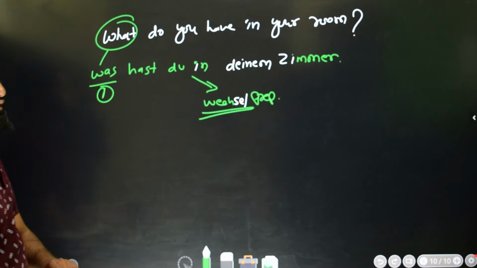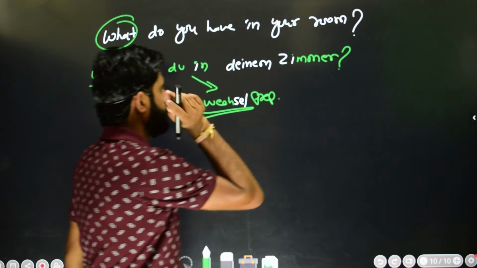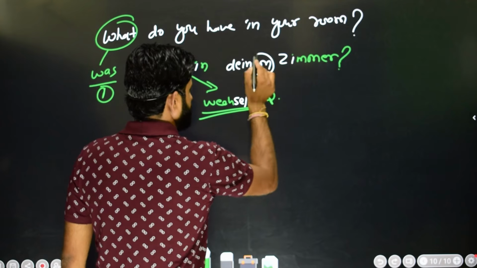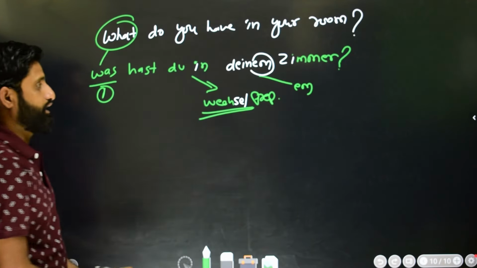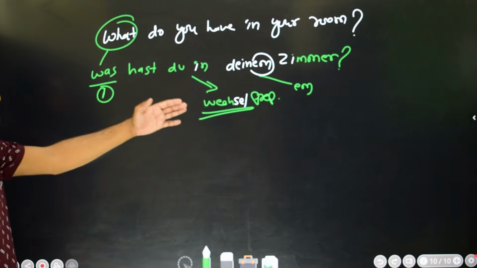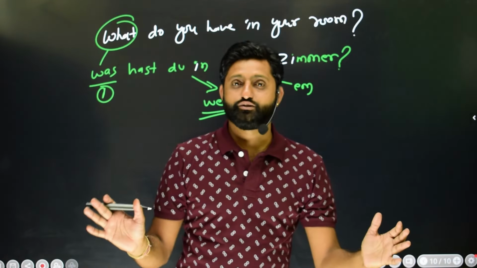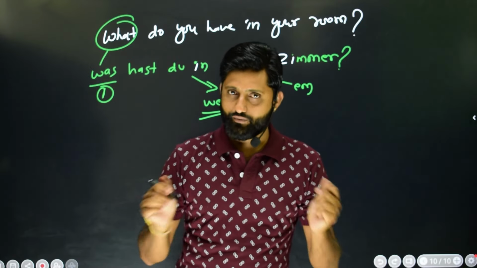What do you have in your room? Why did I add em here? Because this is in the dative part. That is the reason I have to use em here. Hey, was hast du in deinem Zimmer? In meinem Zimmer habe ich meinen Laptop. In my room, I have my laptop.